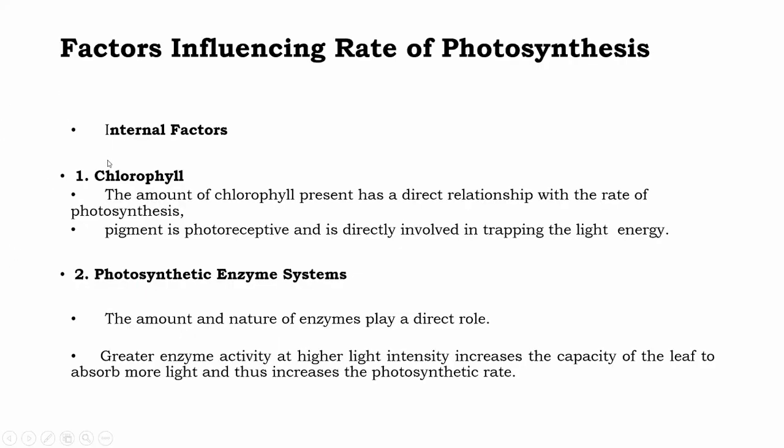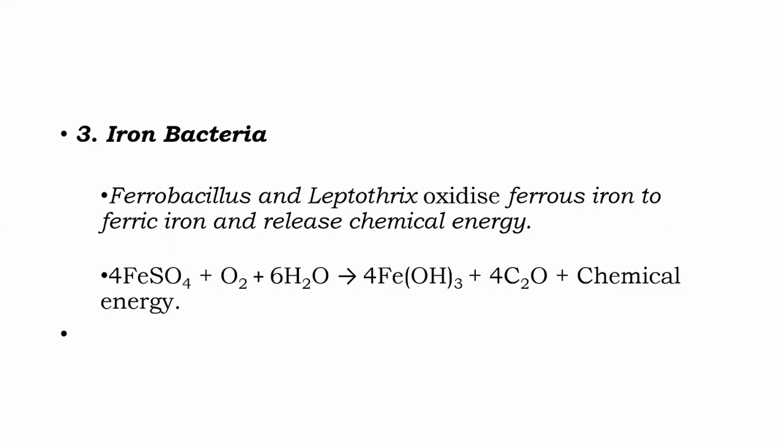Okay. Now, can anyone say a C4 plant? Maize. Yeah, maize, sugarcane, pearl millet. Can anyone say a commercial CAM plant? Pineapple. Very good. Why do we call it C3?